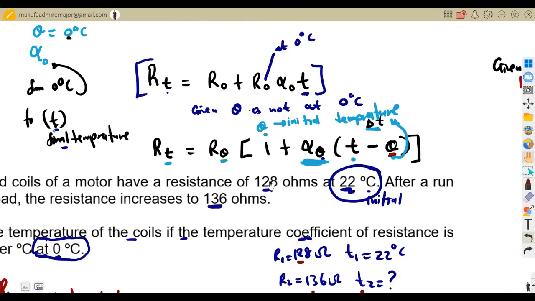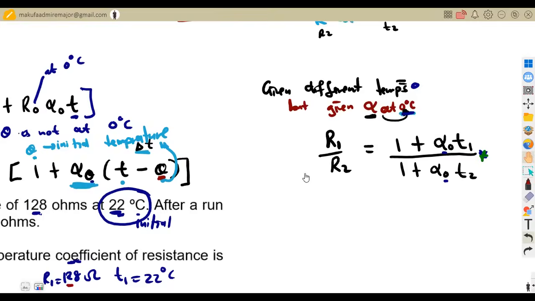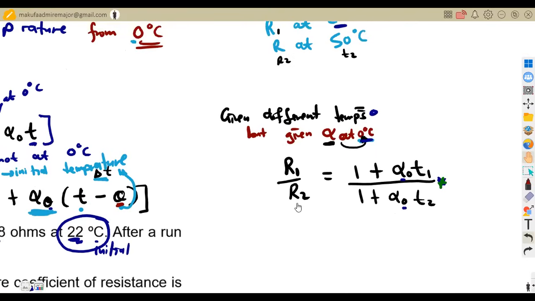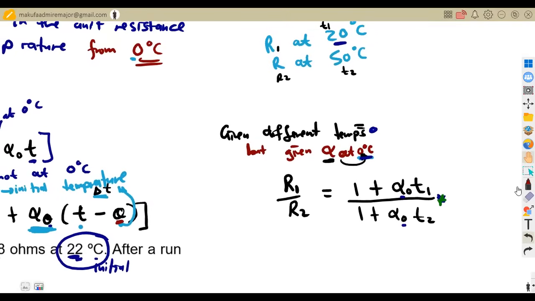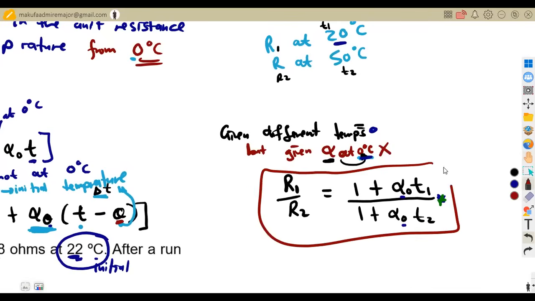But if we are given different temperatures and the resistances corresponding to those temperatures, but the temperature coefficient of resistance is maintained at 0 degrees Celsius, this is the best formula that you are supposed to apply in your calculations. I think we are together on this part.